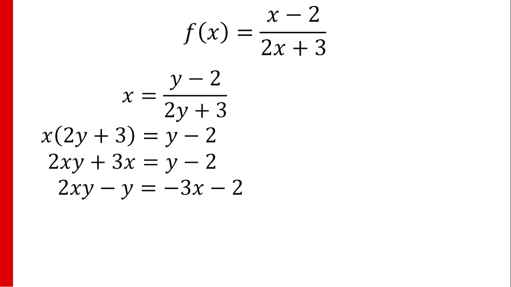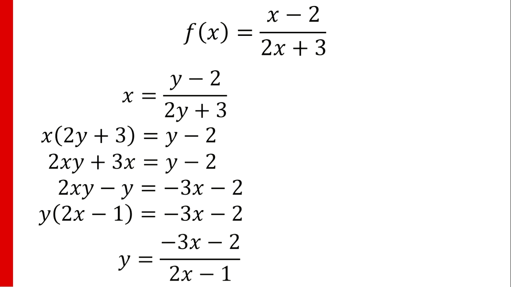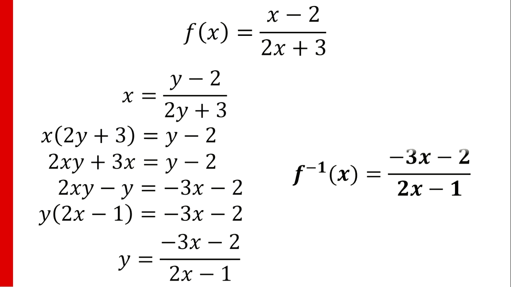So that is y times the quantity of 2x minus 1 is equal to negative 3x minus 2. Then divide both sides by 2x minus 1. We obtain y is equal to negative 3x minus 2 all over 2x minus 1. So we need to replace y by f inverse of x. Therefore, the inverse of the function x minus 2 all over 2x plus 3 is equal to negative 3x minus 2 all over 2x minus 1.